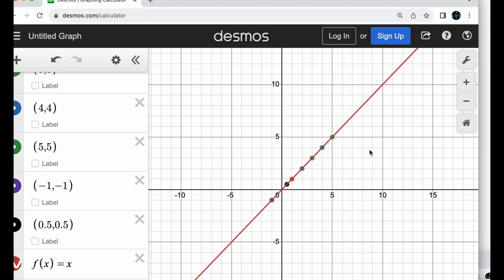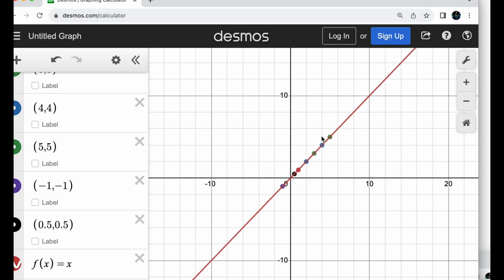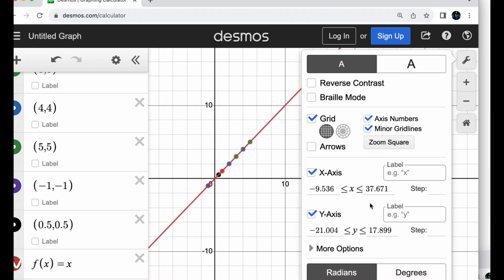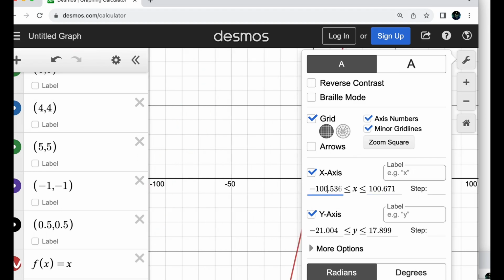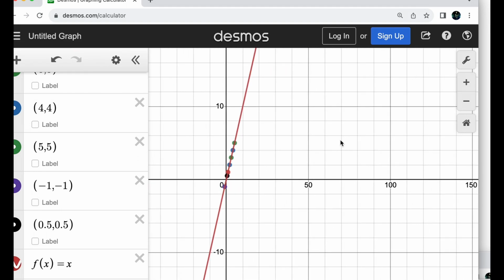Okay, so by compress it horizontally, I mean like if you were to push it more toward the y-axis. Go to the wrench for that. And in order to compress it horizontally, we just have to stretch the x-axis. And so go from negative 100 now to 100.